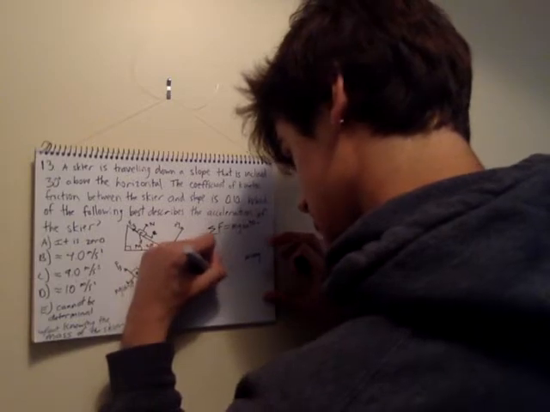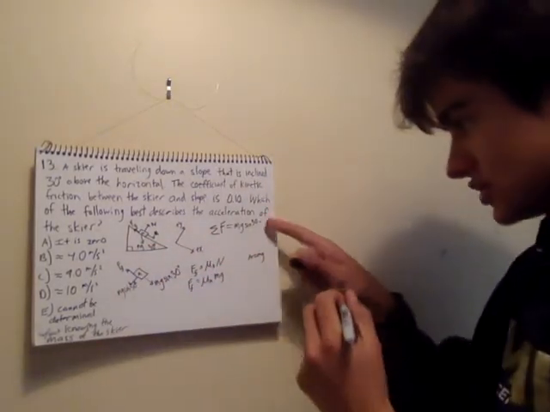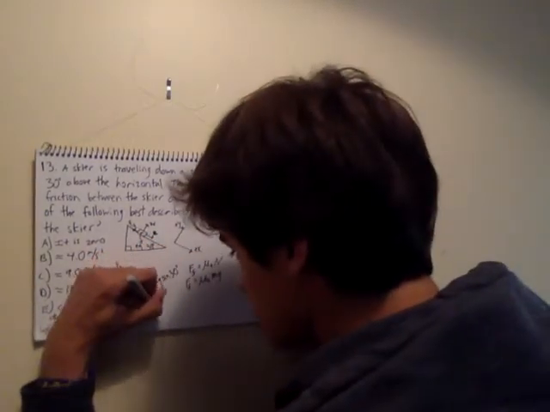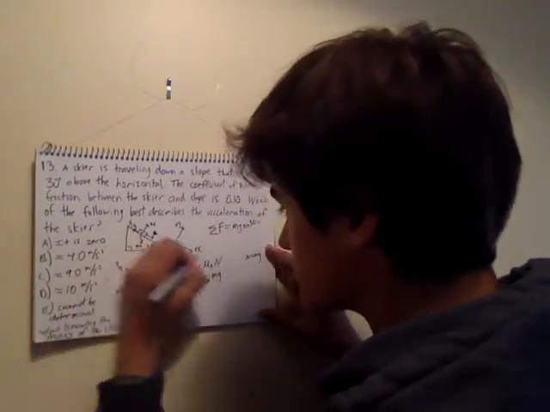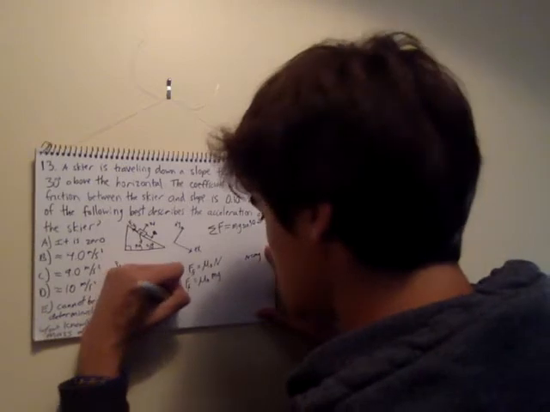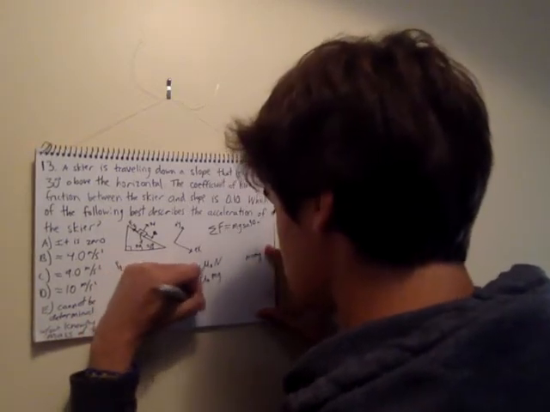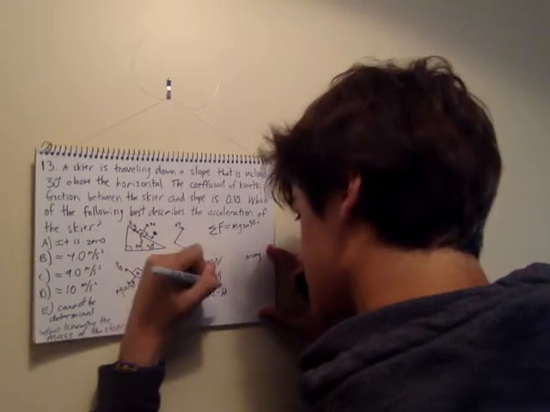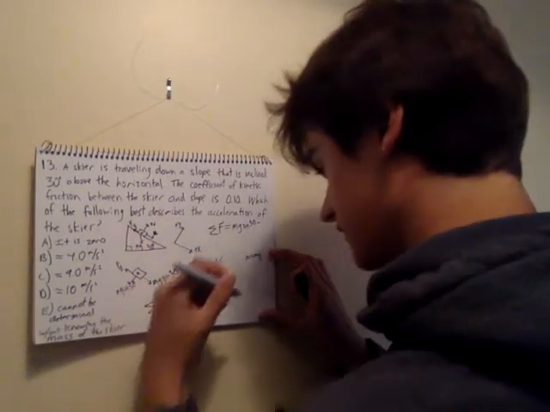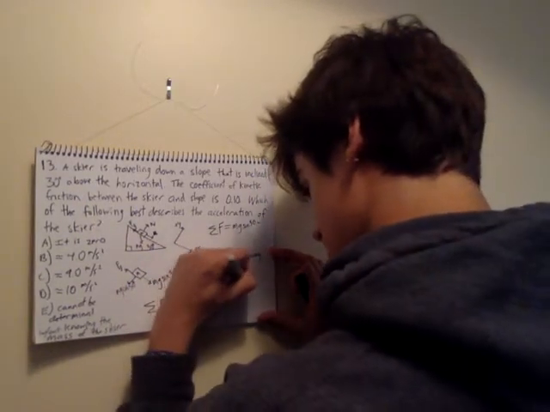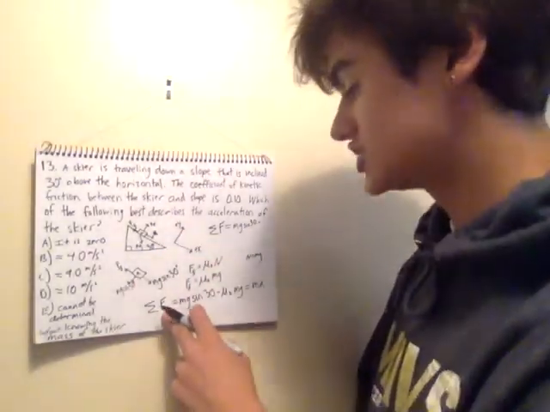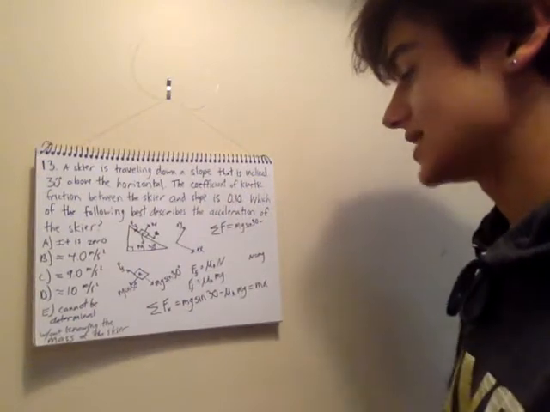So I'm going to rewrite this down here so I have some more space. We're summing the forces again. Summing the forces in the x direction is equal to mg sine 30 minus our kinetic coefficient of friction times mg, and all of this is equal to ma, because we know, according to Newton's second law, that force equals mass times acceleration.